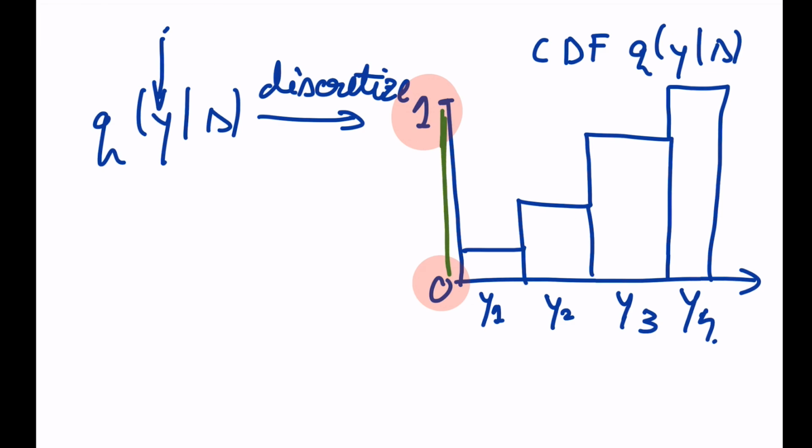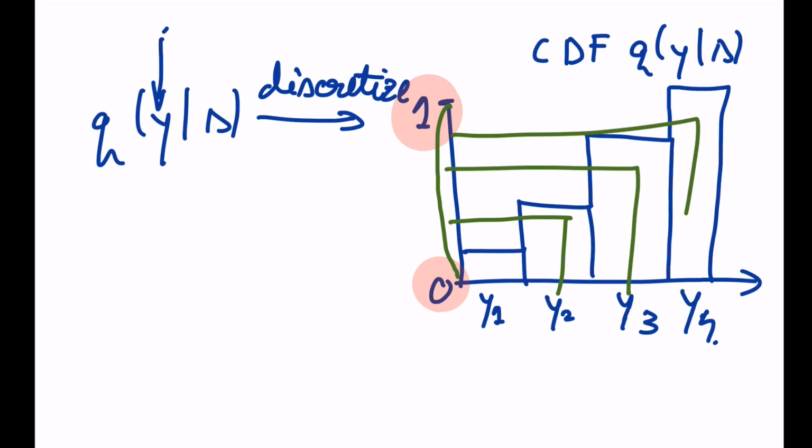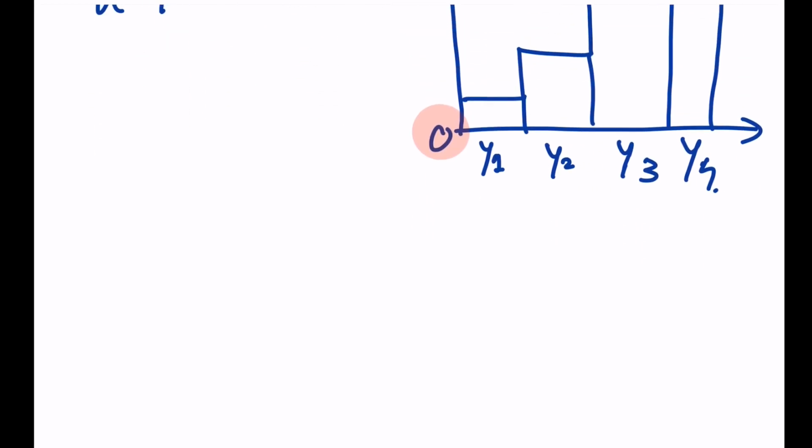So if you pick a random point in here, for example here, and then you go to the CDF and down, you sample the Y3. So you use a uniform random to sample from it, and you go down. And this is how we sample. Now, the key observation is that sampling from a uniform can be achieved using a binary sequence. So let's say that we have the binary sequence 0, 1, 0, 0, 1.